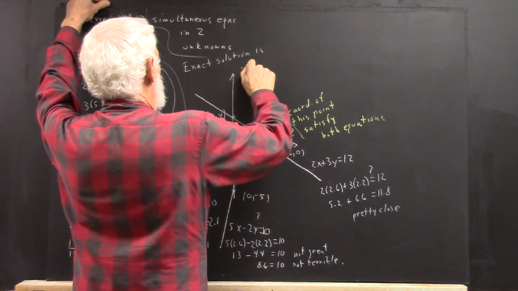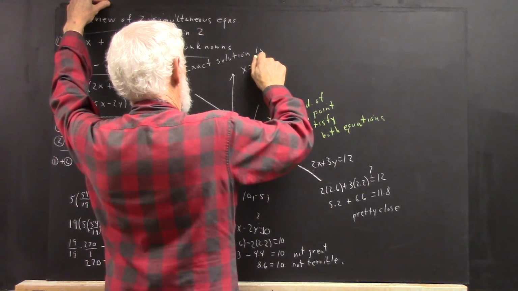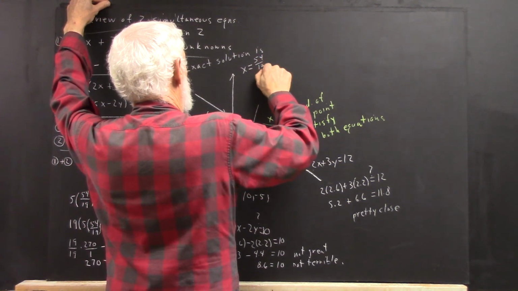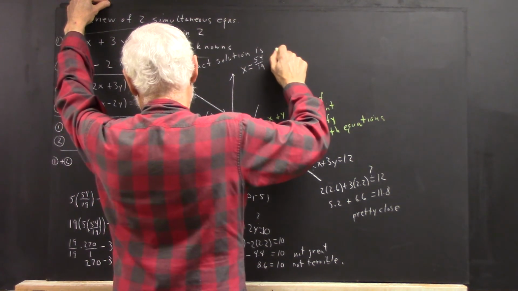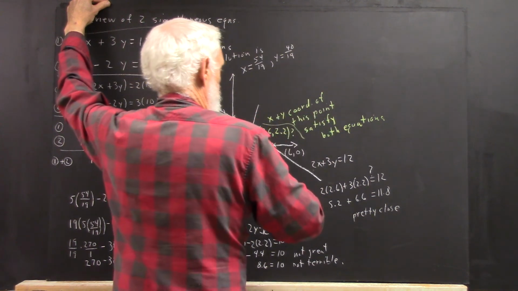So our exact solution is x equals 54 over 19, y equals 40 over 19.